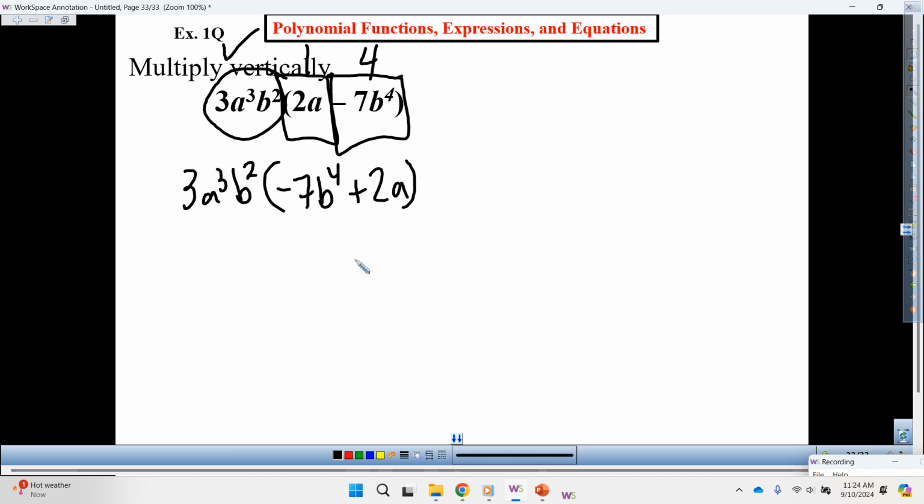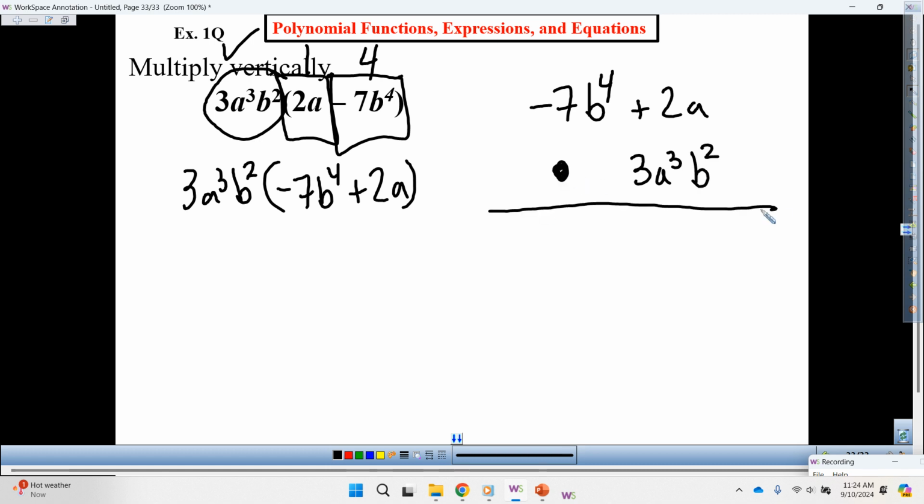So now that it's in standard form, let's stack them. Negative 7b to the fourth plus 2a. And then the other one is 3a cubed, b to the second. We are multiplying, and I'll wait for you. I'll send you the screen so you can send me your work once you are done. Go.